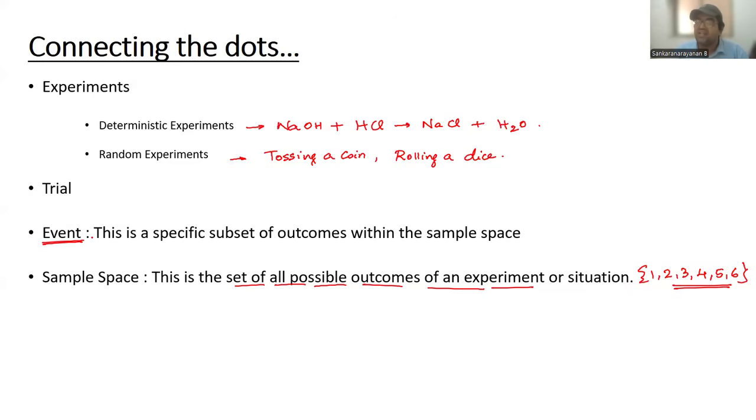I am saying I end up seeing a multiple of 3. So, when I am defining it, that is the event. The event is actually defined by the individual. The event is reporting to the individual, whereas sample space is reporting to the experiment that is being conducted.